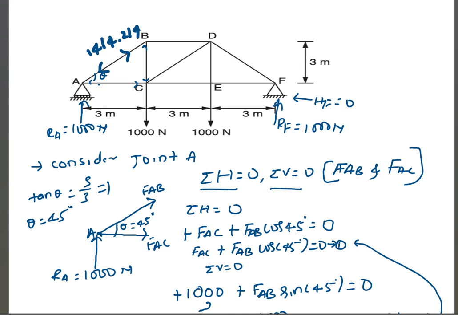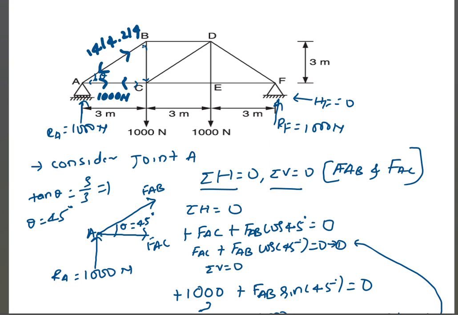Now, what type of force is present in the member AC? That is tension. Tension means the arrow mark should be away from the joint, and the force is 1000 Newton. So in this way, with the help of joint A, we have determined the force in the members FAB and FAC.